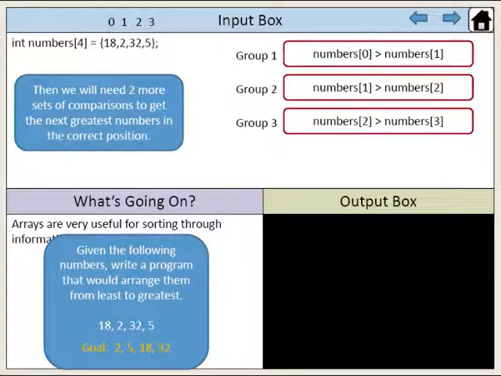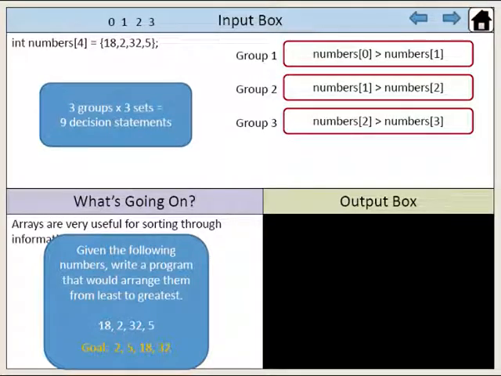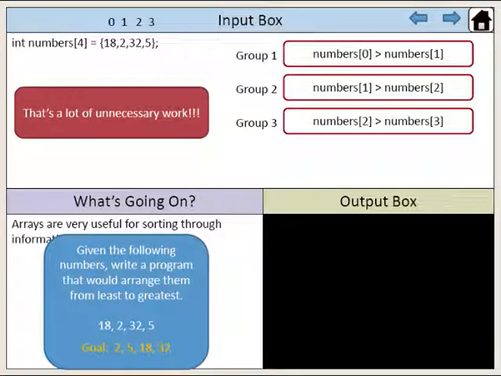Then we would need two more sets of comparisons to get the next greatest numbers in the correct position. Three groups times three sets equals 9 decision statements. That's a lot of unnecessary work.